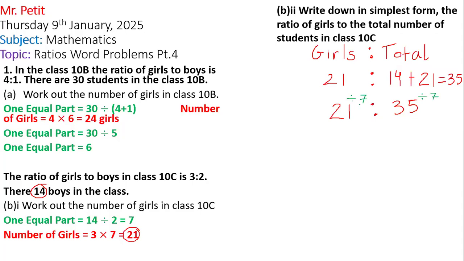So 21 divided by 7 is 3, right? And 35 divided by 7 is 5. So in simplest form, this ratio is 3 to 5.